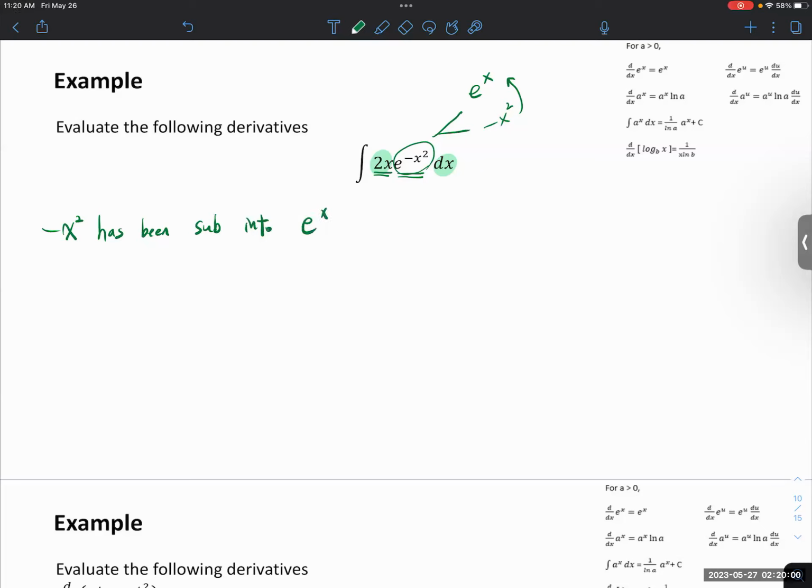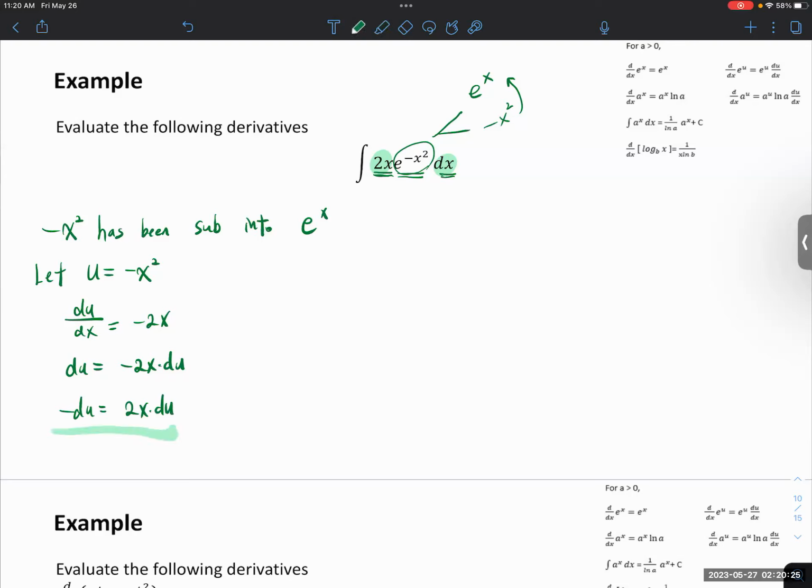So therefore, let u equal negative x to the second. So du over dx will be negative 2x. If I just do du equal to negative 2x dx, very close to 2x and dx. So divided by negative, 2x dx equals negative du. So we found that they're equal.